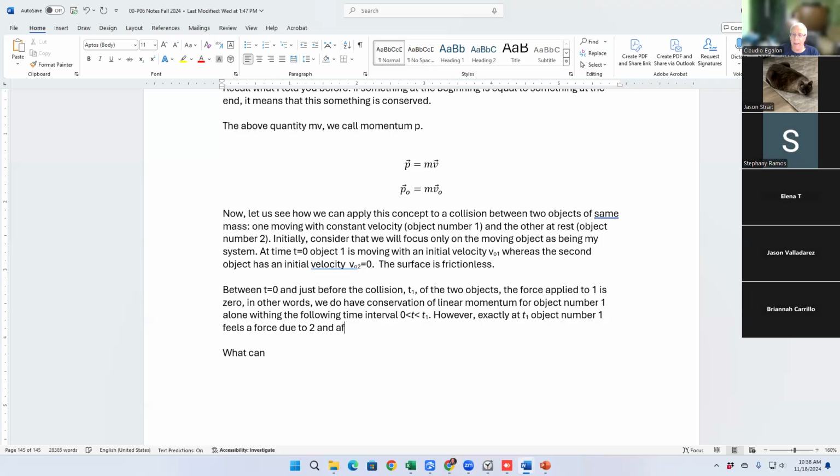And after that, we cannot say that its momentum is conserved, right? So let's play the movie again so you understand what's going on.